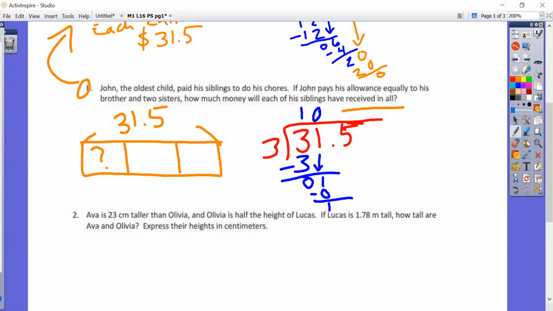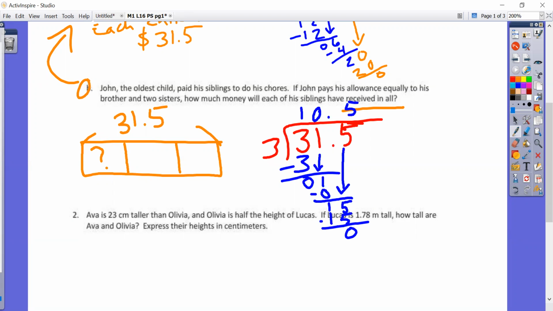So we have remaining 1, and we're going to decompose that into tenths. Well, there's 15 tenths. I'm going to make sure my decimal follows the quotient up top. Well, 15 is a multiple of 3: 6, 9, 12, 15. That's 3 groups of 5, and that gives us 0 remaining.